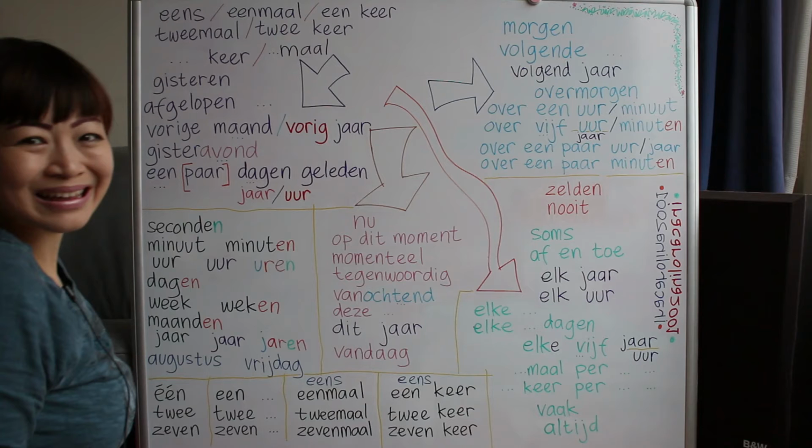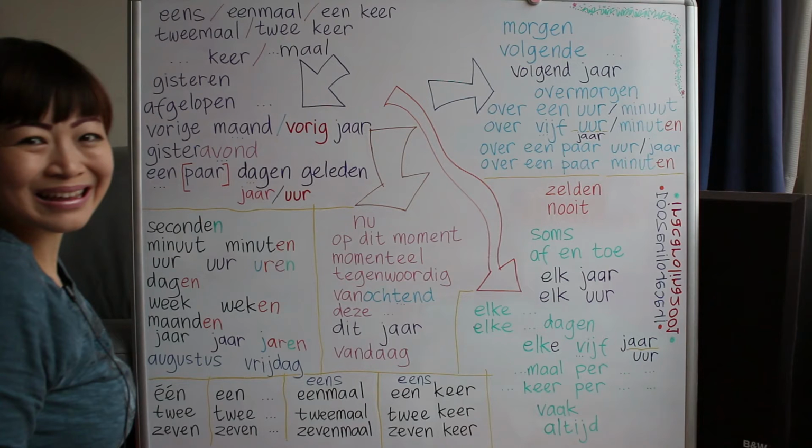But when you say een keer, it means one or probably two times. You're not sure if it's one or two times, but you're sure at least one. If you are really sure it's only one time, you say één keer. But if you think it's one or two times, a small number like that, you say een keer. It's kind of like at least one or two times. Yeah, that's the difference between them.